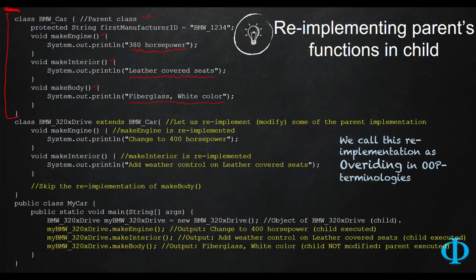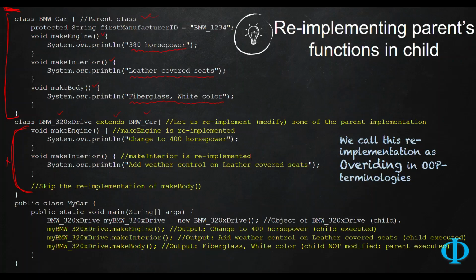Now in the previous slides, when we discussed inheritance, you can remember that we have not written any code in this place. We have basically inherited the BMW 320 class using this extends keyword, which is a child of BMW car.